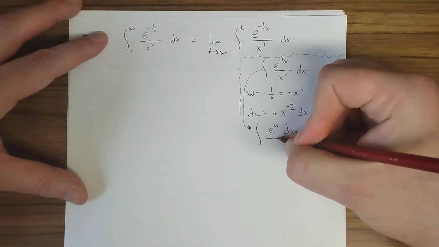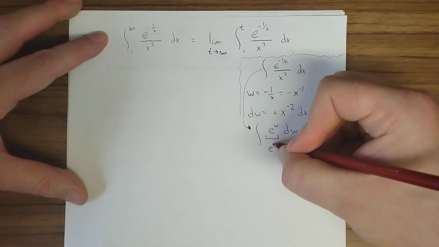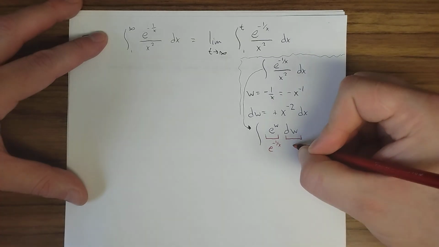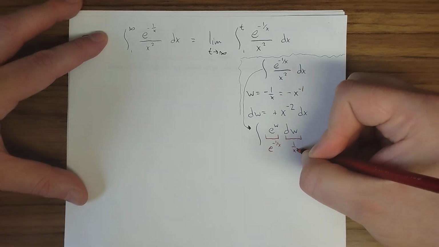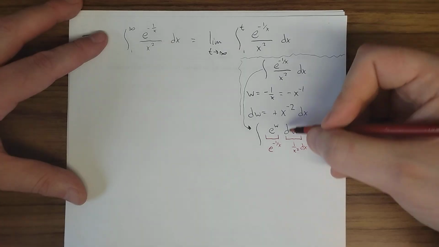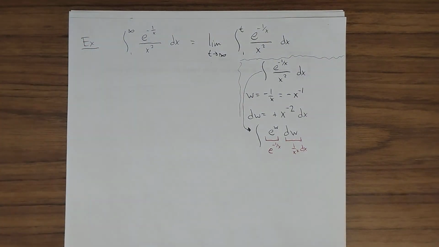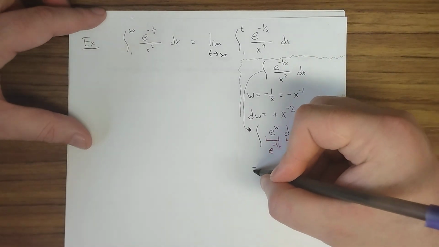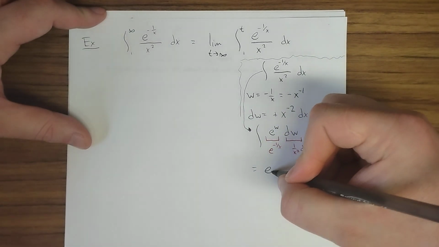Like, this takes care of my e to the minus 1 over x, and this is 1 over x squared dx. And so everything is there.